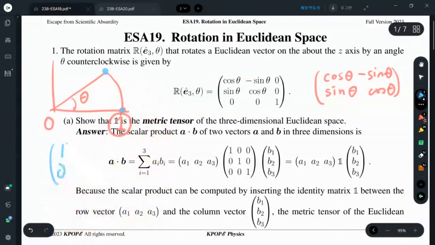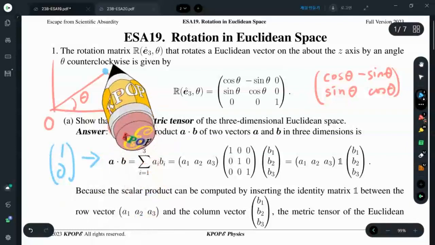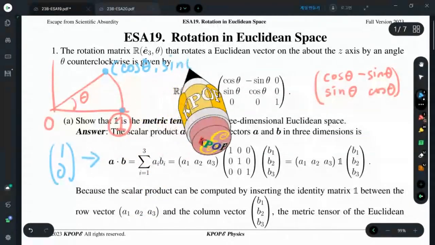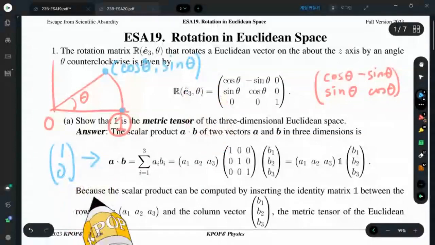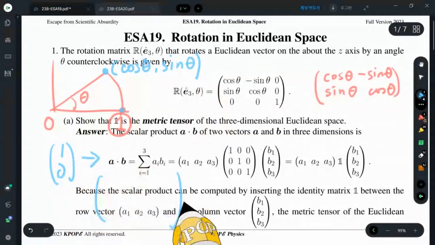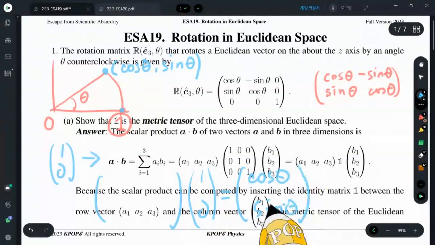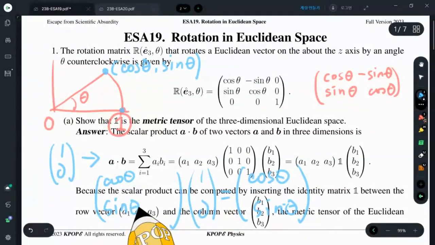So the 1, 0 vector transforms into where? Cosine, sine. Therefore, if you multiply the matrix by 1, 0, your answer should be cosine and sine. So just copy this result like that.